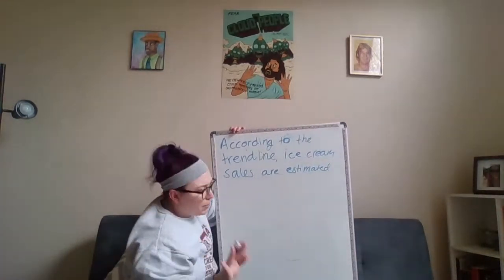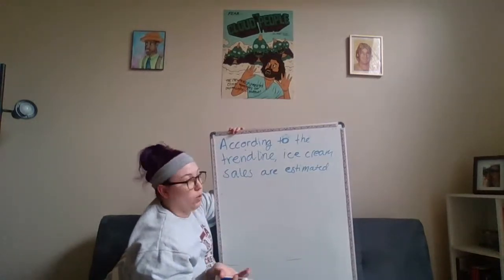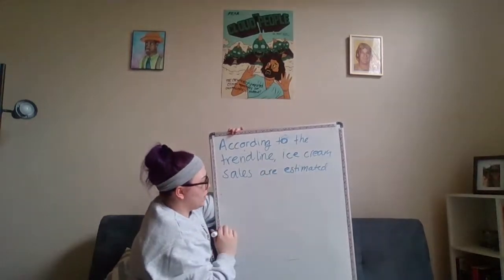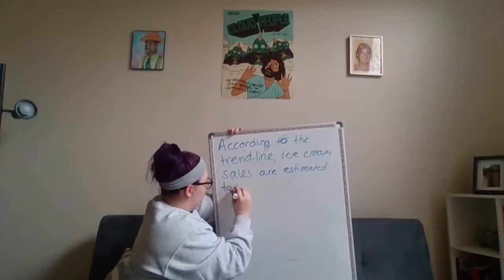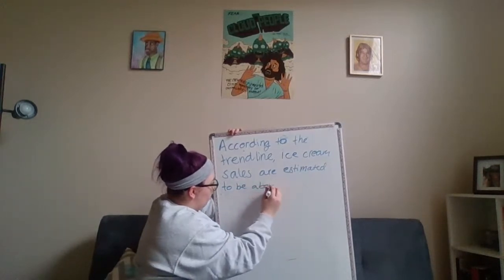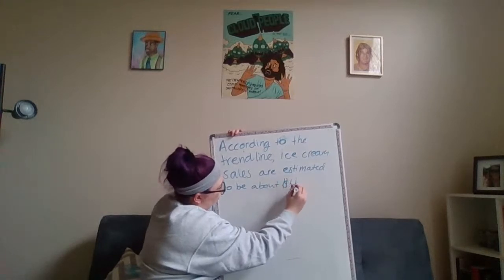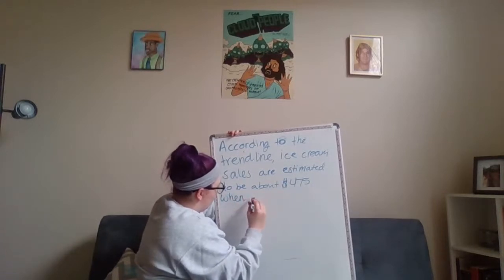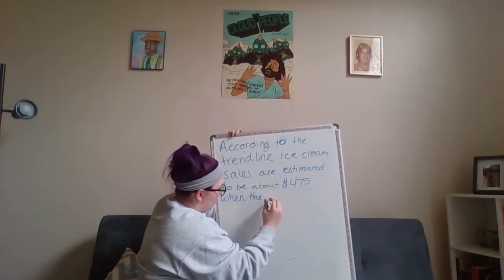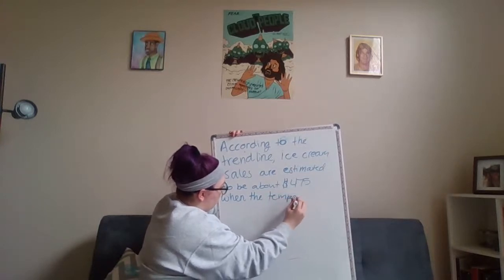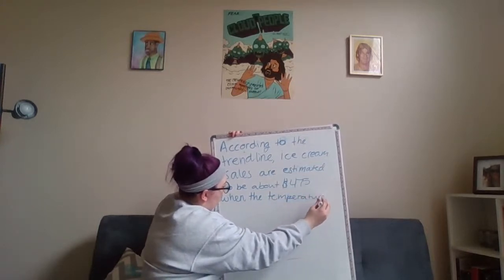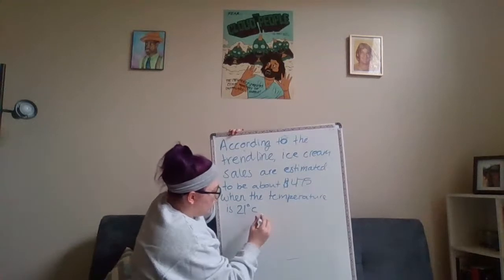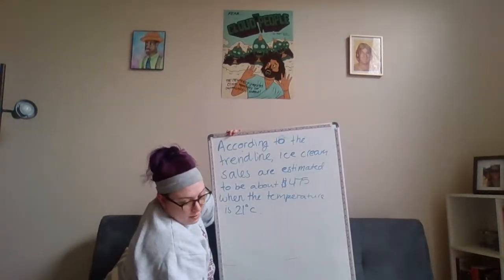We're taking an estimate, but it's a pretty good estimate. That's where our trend line is. We're justifying it by saying our trend line, our ice cream sales are estimated to be about $475 when the temperature is 21 degrees Celsius. That's that C.